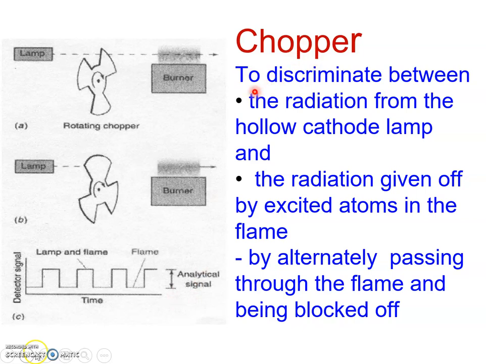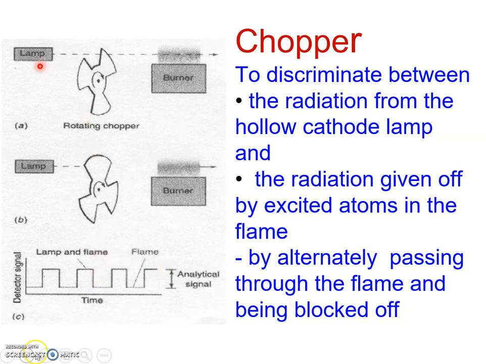The chopper is used to discriminate between the radiation from the radiation source, which is the hollow cathode lamp, and the radiation from the excited atoms in the flame, by alternately allowing the radiation from the lamp to pass through and blocking it. This is the lamp.